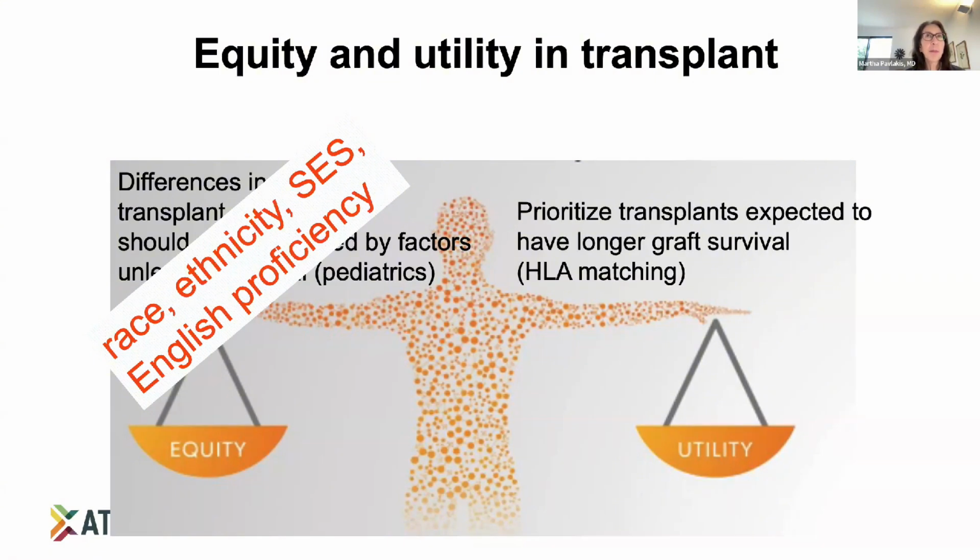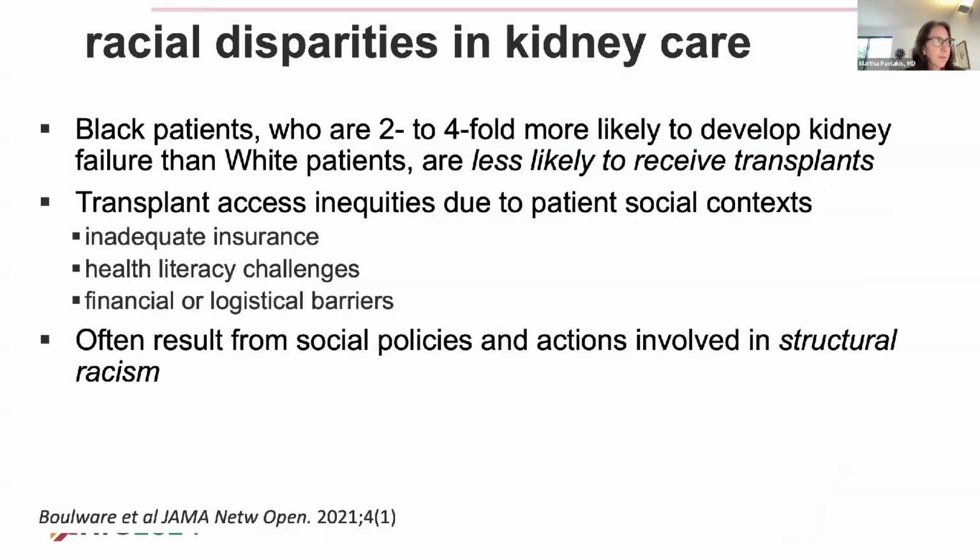Sometimes people will make suggestions at OPTN meetings like, hey, transplants would last longer if we just did this. And unfortunately, the outcome would be that you wouldn't transplant a whole group of people that we think should have access to transplant. So the balance between equity and utility doesn't always have to be a zero-sum game.